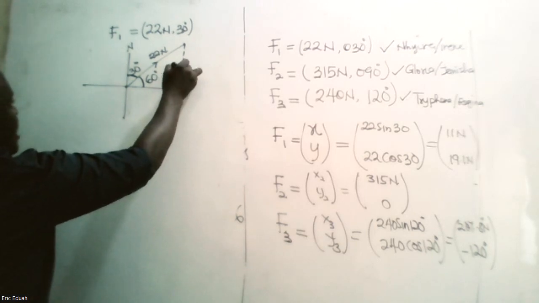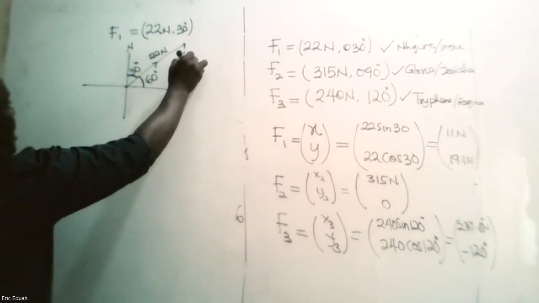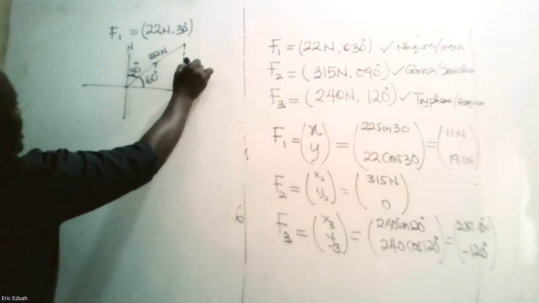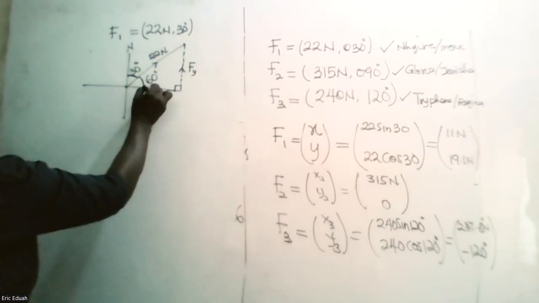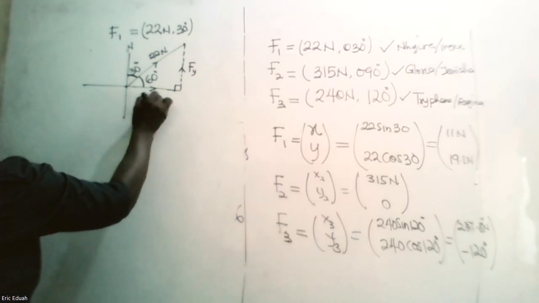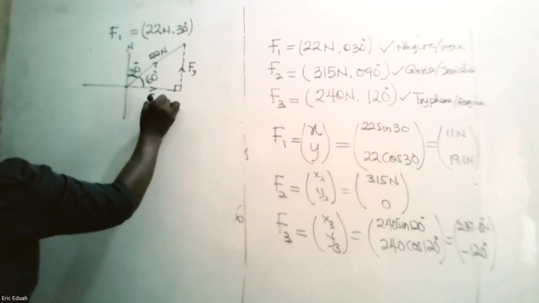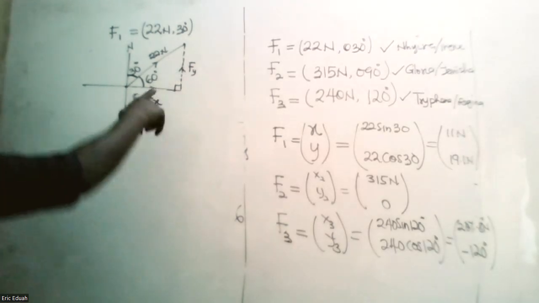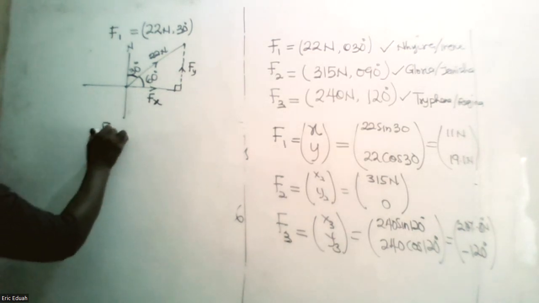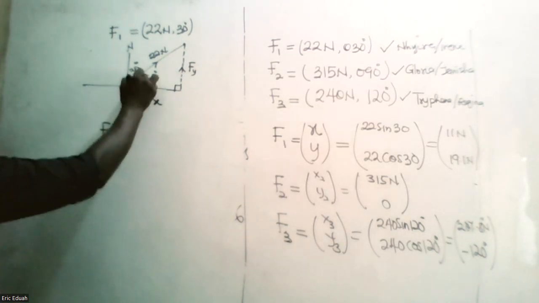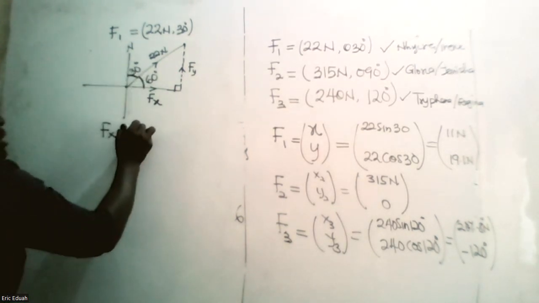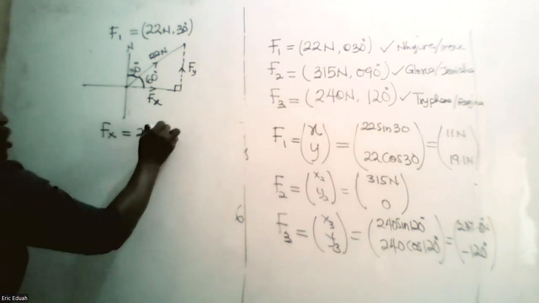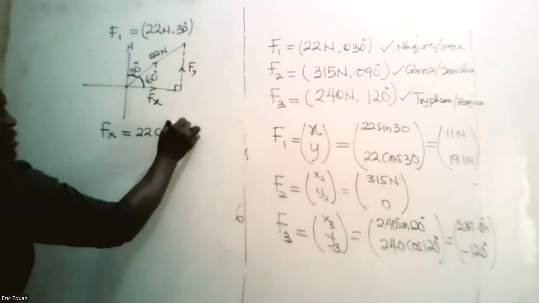So this component must be F vertical, which is Fy, and F horizontal, which is Fx. Therefore, when I use 60 degrees, Fx would have to be 22 cos 60.